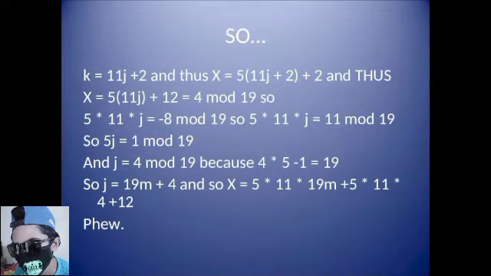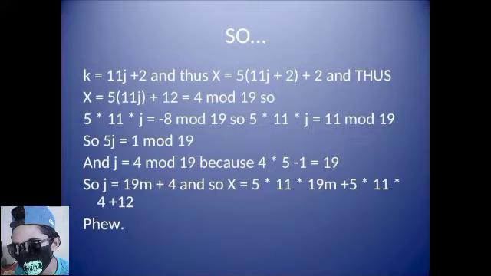So k equals 11g plus 2, and thus x equals 5 times the quantity 11g plus 2, plus 2, and thus x equals 5 times 11g plus 12, which is equal to 4 mod 19. So 5 times 11 times g is equal to negative 8 mod 19. So 5 times 11 times g equals 11 mod 19.